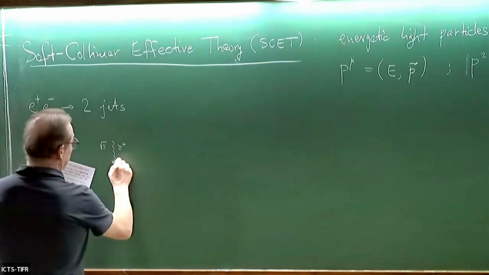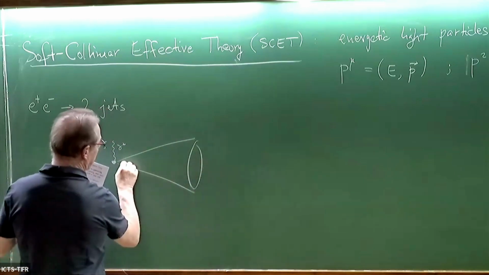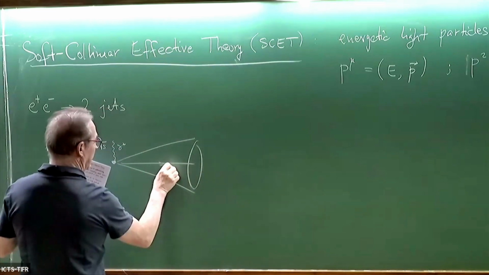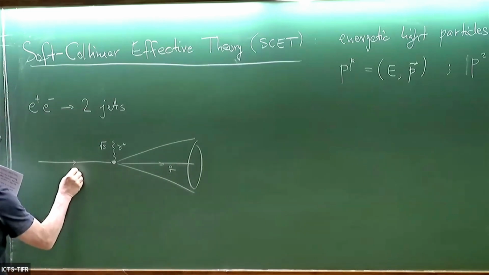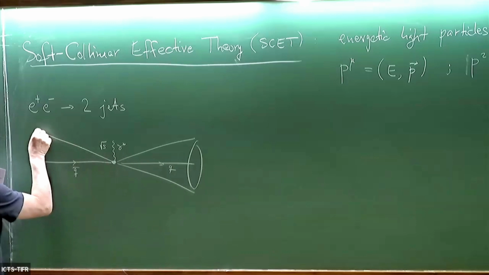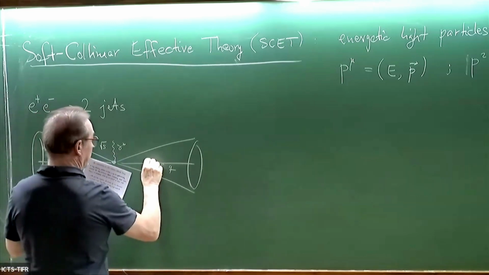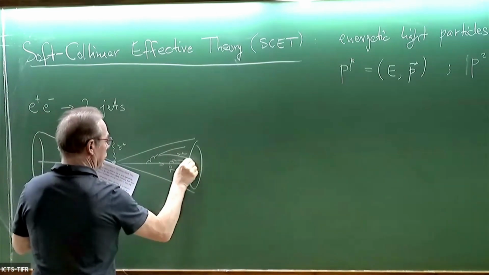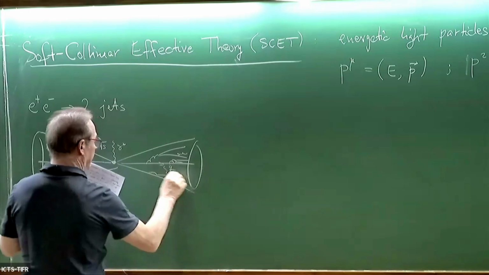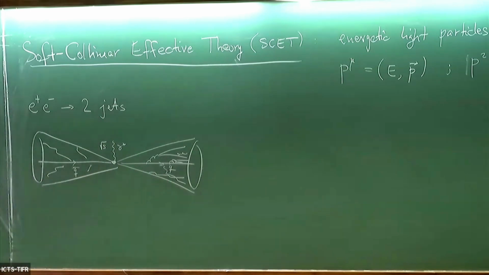Then we create two jets of particles, where the particles may contain the original quark-antiquark that was produced, and additional radiated particles that come off these original particles.